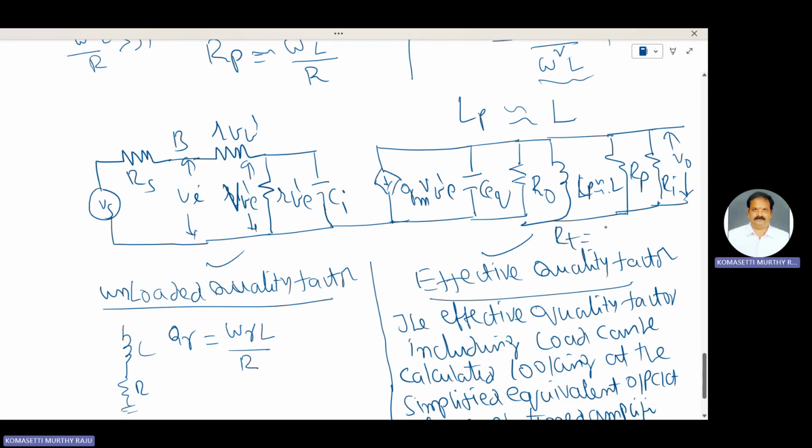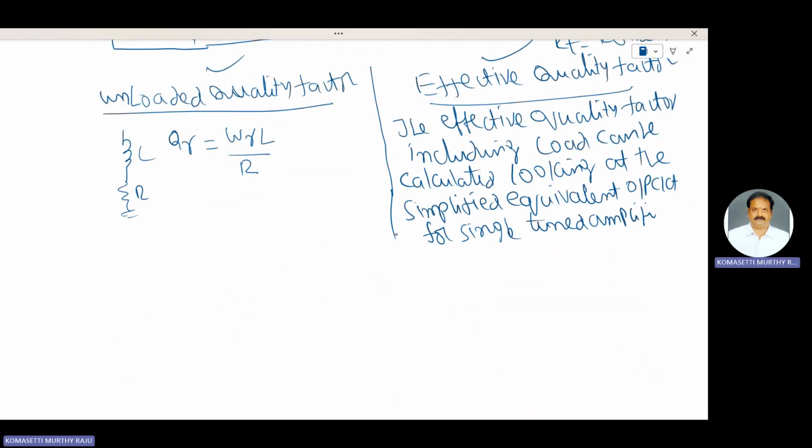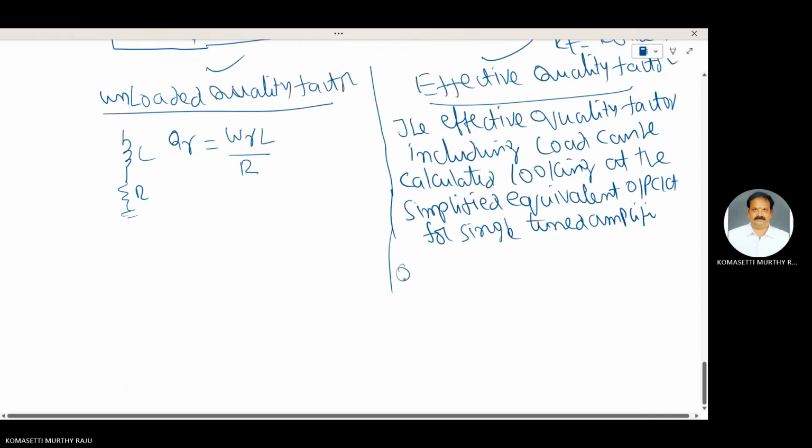RT is equal to R0 parallel with RP parallel with RI, along with this tuned circuit, C equivalent and L. Generally, Q effective is equal to susceptance of inductance or capacitance by conductance of shunt resistance.